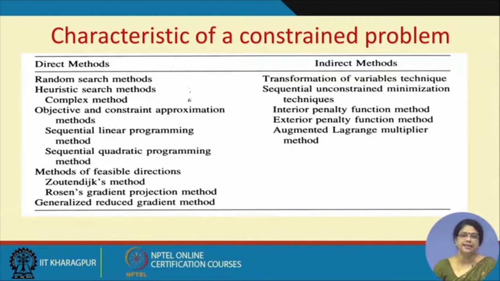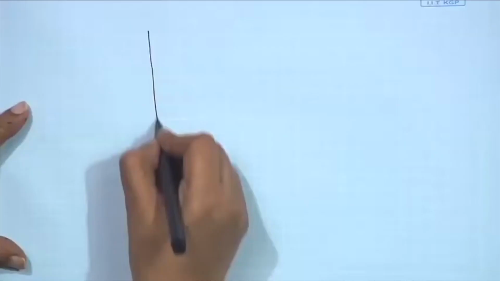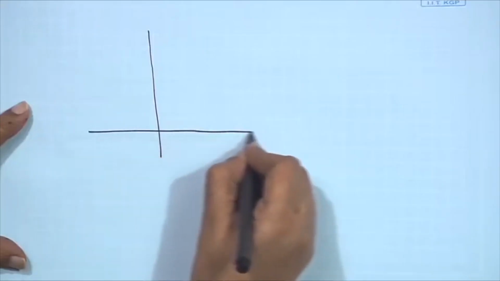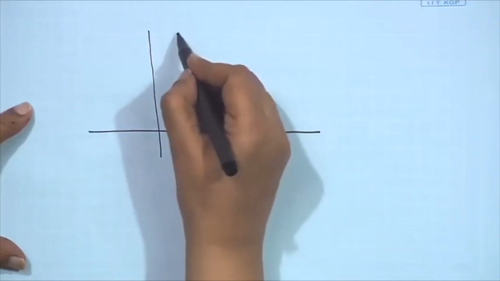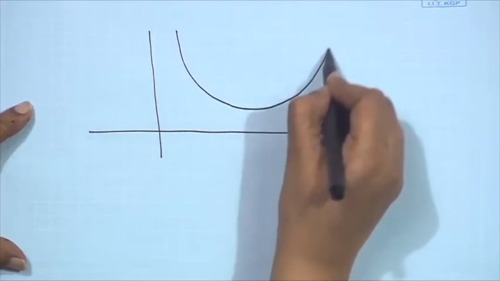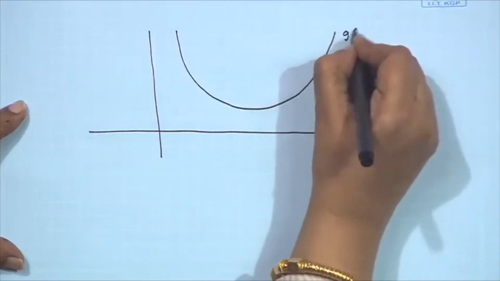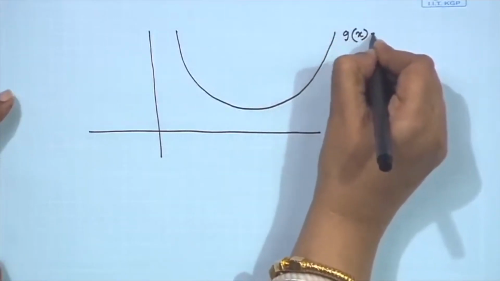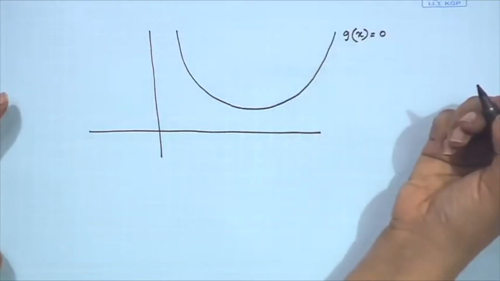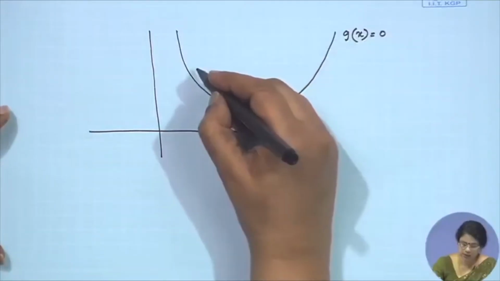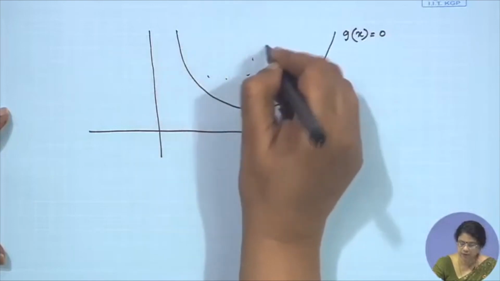Let me consider a nonlinear programming problem with a single variable. Let me explain the geometry of the methodology first. See, this is the function given to us, g(x) = 0, and we have g(x) less than or equal to 0. That is why this is the feasible space for us.